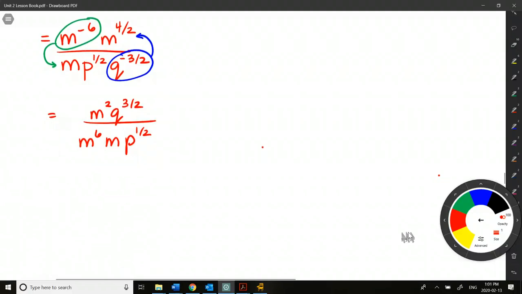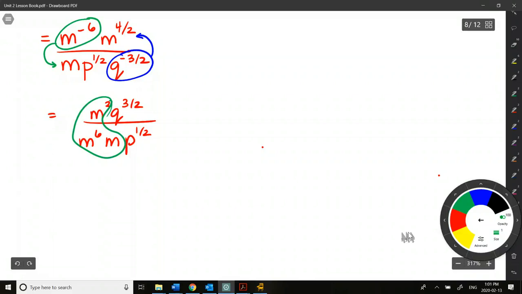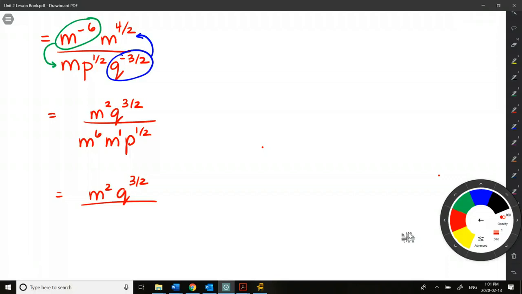Okay, one thing that we have left to do is all variables need to be gathered. So all of these m's, we need to gather those up. So I'll do this in 2 steps here. So think of this as an exponent 1. We're multiplying on the bottom here, so it will be m to the 7 on the bottom.